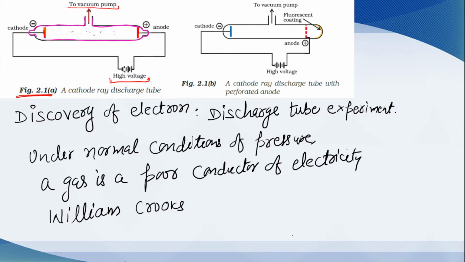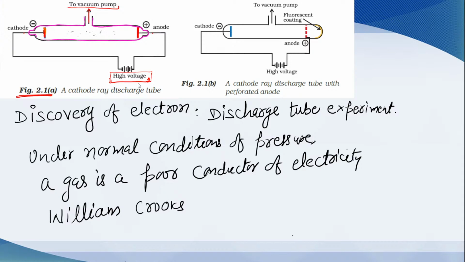What is a cathode ray discharge tube? First, there is a hard glass tube, sealed at both ends and fitted with two electrodes, and the electrodes are connected to a source of high voltage.